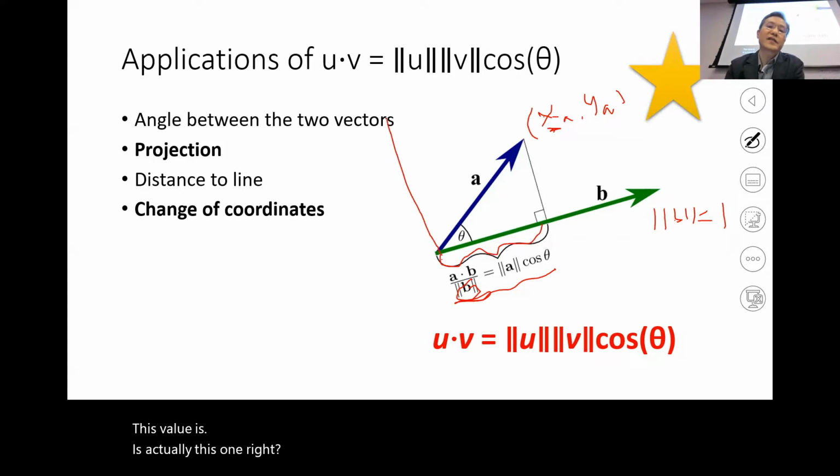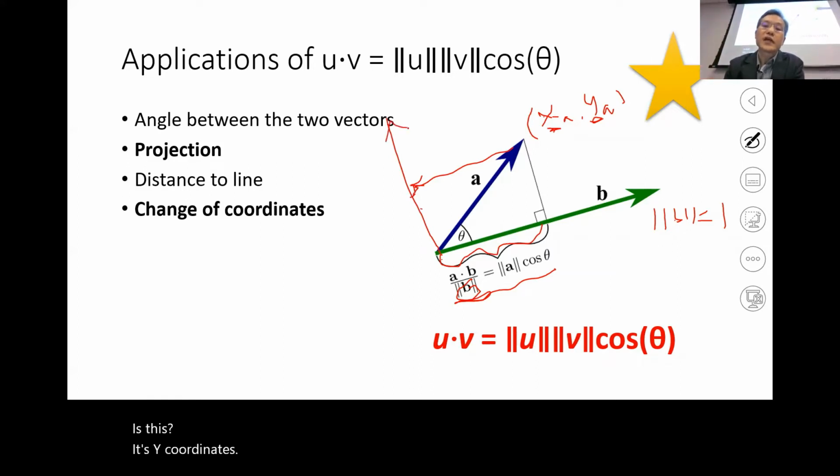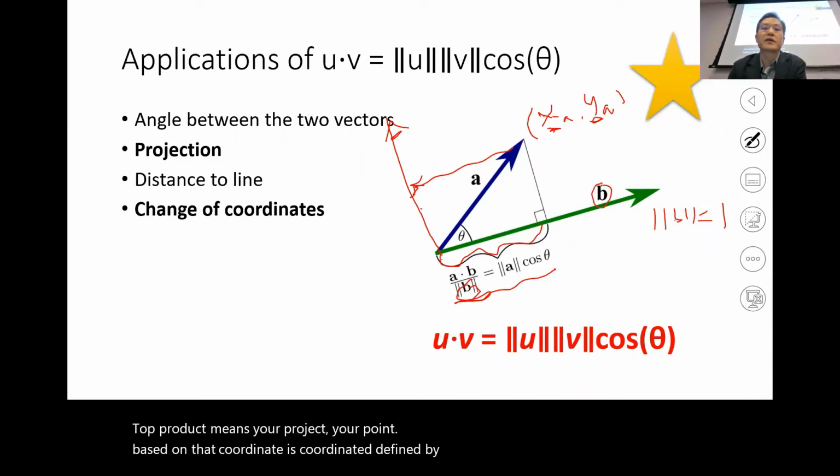And then you have the y-axis; your projection on the y-axis is the y coordinate. So that's the first piece of information we need to know. The dot product means you project your point onto that coordinate. This coordinate system is defined by B and its orthogonal vector. B's orthogonal vector. Okay.